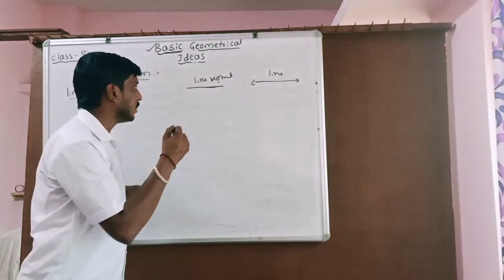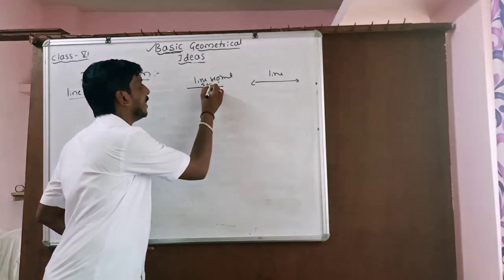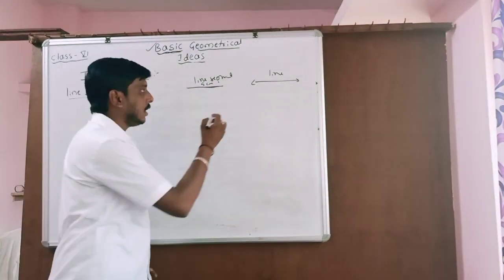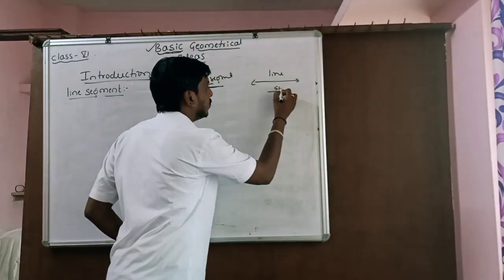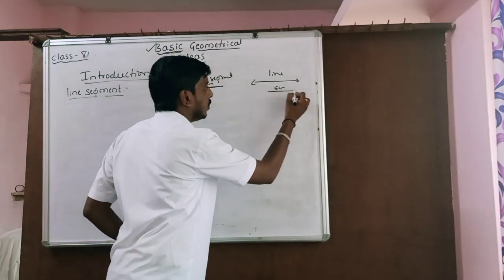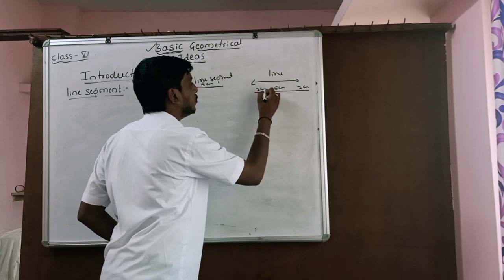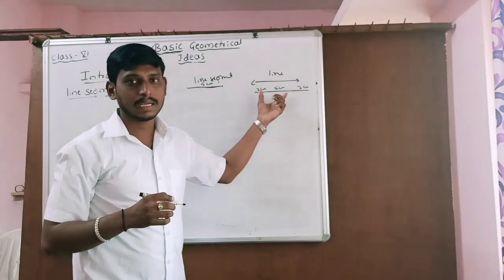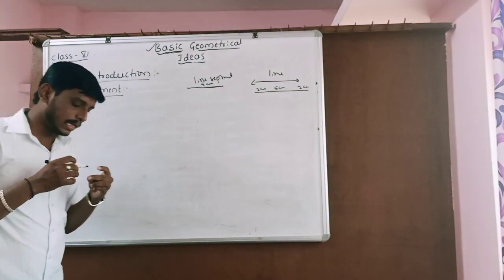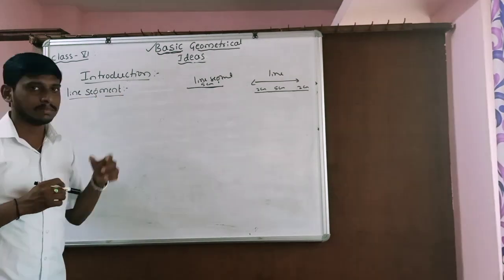For example, if it is 5 centimeters, it is 5 centimeters only. A line you can extend 2 centimeters here, 2 centimeters there, so it has no definite length.